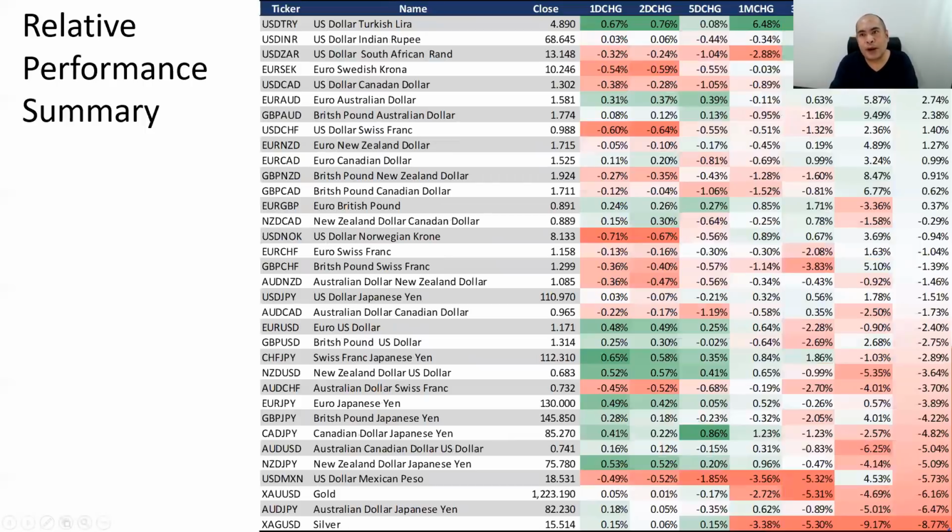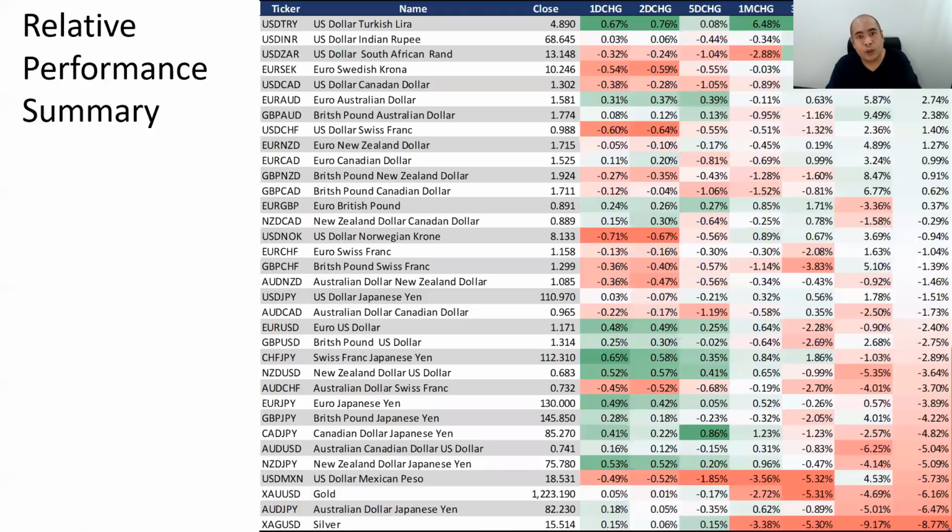You can incorporate shorter durations like 1 month, 5 days, 2 days, and 1 day in order to identify opportunities. You can still sort based on the year-to-date return column, but then you start focusing on where the action is, where volatility is, where momentum is.